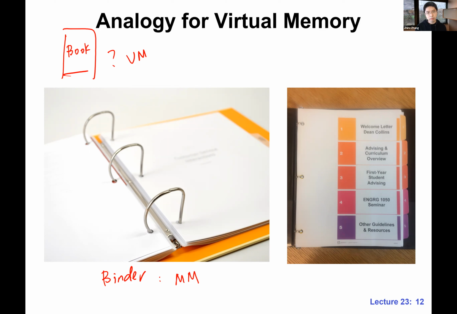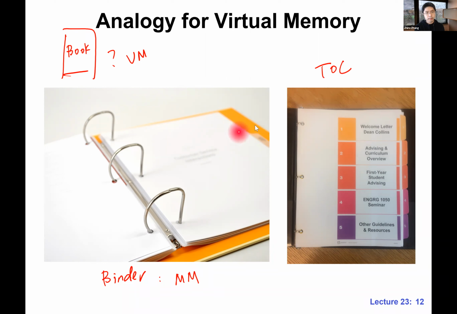To come up with the address translation, we want to be able to quickly find, for book one, the Harris book, where we can find the corresponding pages in this binder, in this physical memory. So we need this TOC, the table of contents, so that we can quickly find the corresponding pages.